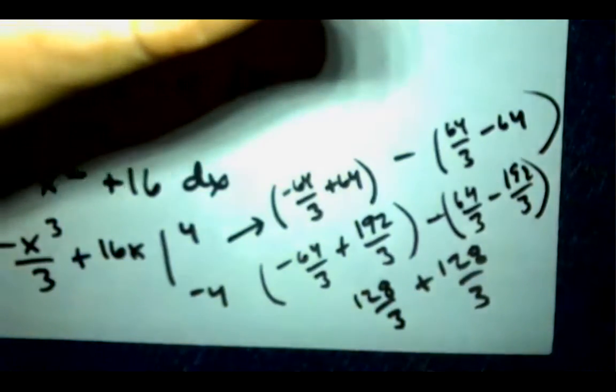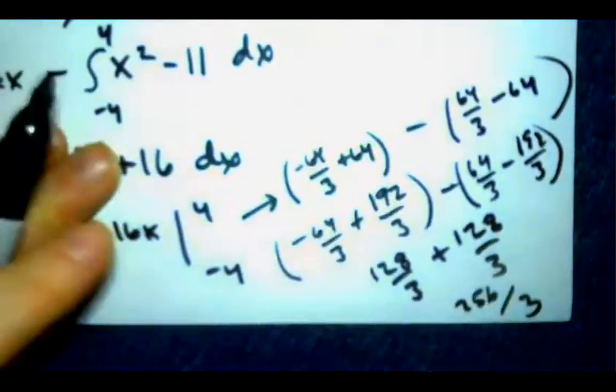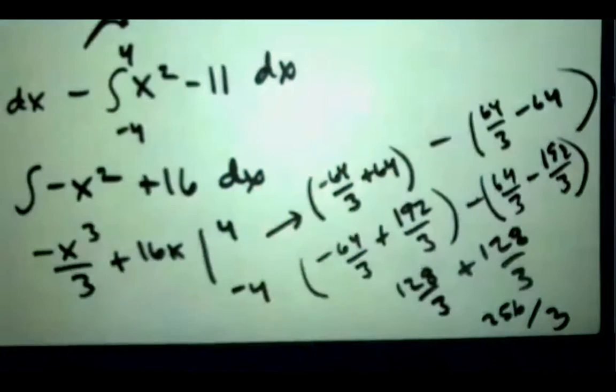Minus a minus is going to be a plus. This is super ugly. 256 over 3. Anybody? I actually remember that answer from last year. That is correct. So 256 over 3 is what you were looking for. Any questions there?